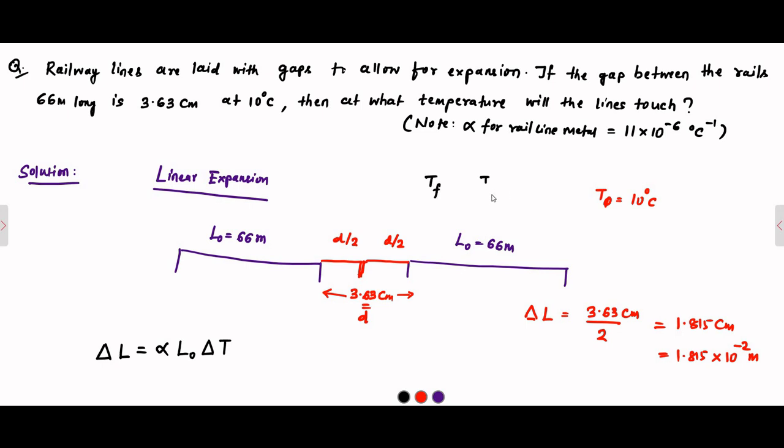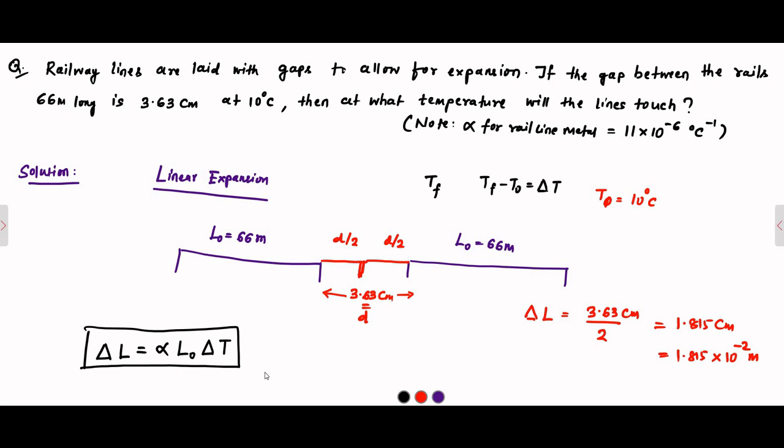So Tf minus T0 is equal to delta T, which is the change in temperature. So the change in length is directly proportional to the linear expansion coefficient, the initial length, and the change in temperature. This is the proportionality coefficient, the linear expansion coefficient, thermal expansion coefficient.